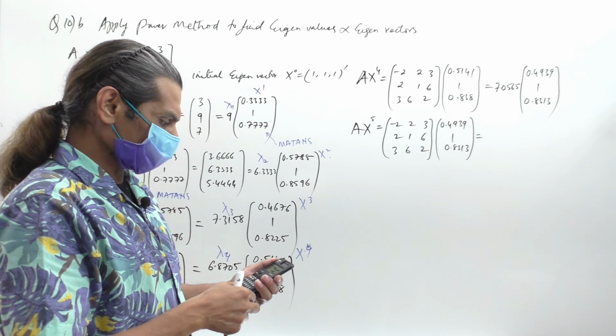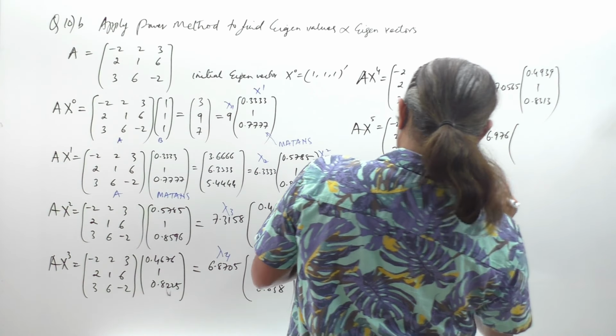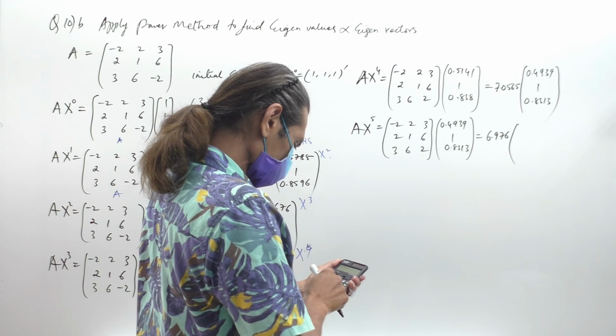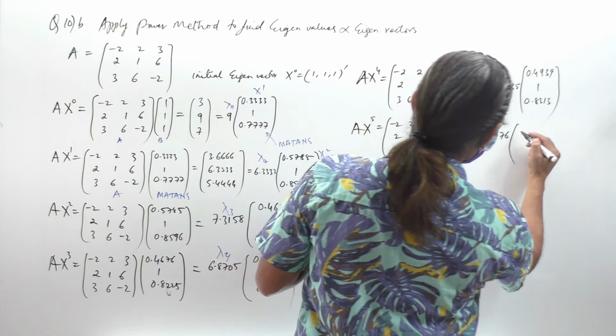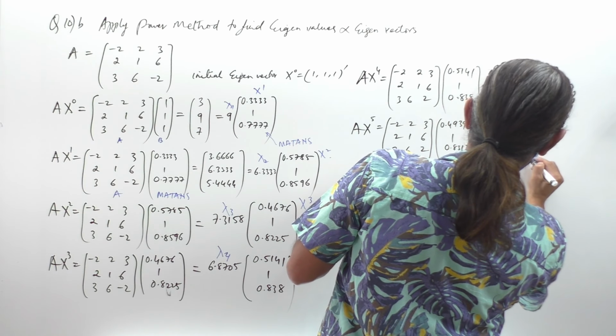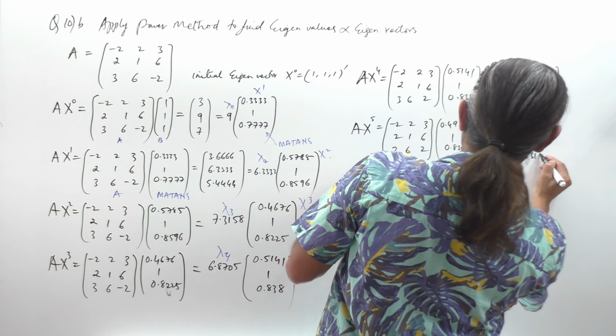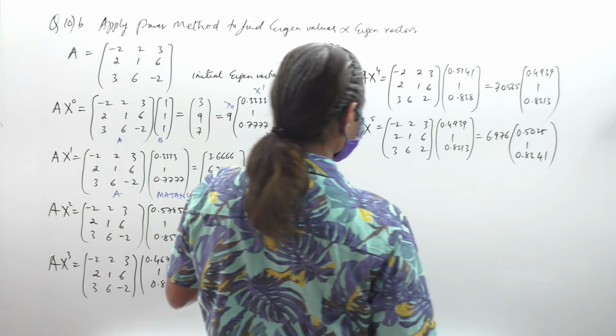So again the highest number is 6.976. I think it's nearing. Divided by 6.976 is equal to 0.5025, 1, 0.8341. Okay, I think the values are nearing here.